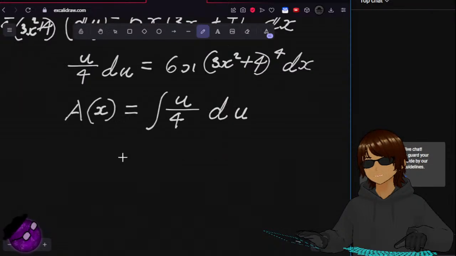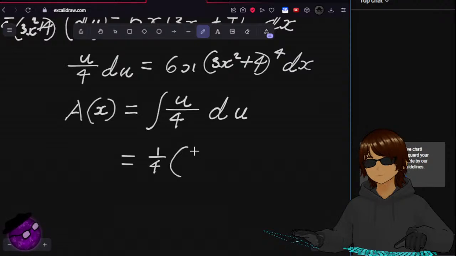If I evaluate this, I can take 1 over 4 out. U squared plus 2. This is plus c.